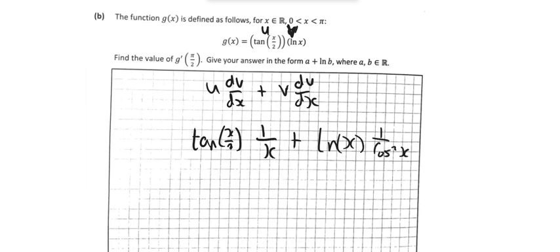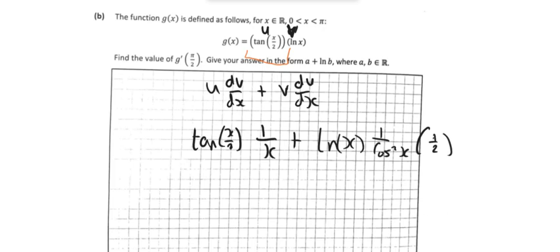But then because you actually have to do chain rule here as well, because it's a function within a function, the x over 2 is inside the tan thing. So you have to multiply that by the derivative, and that's going to be 1 over 2. Derivative of x over 2 would be 1 over 2 because it's 1 over 2x.